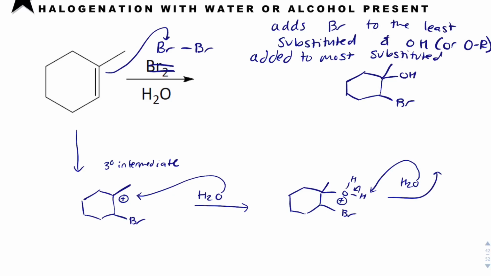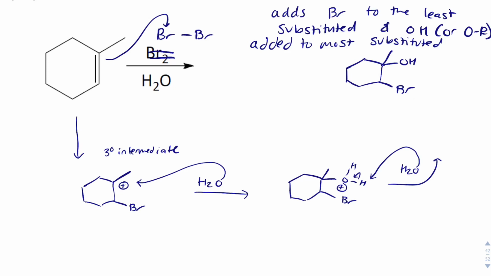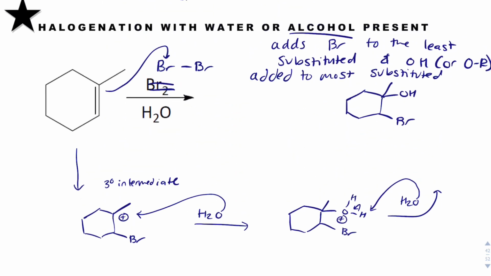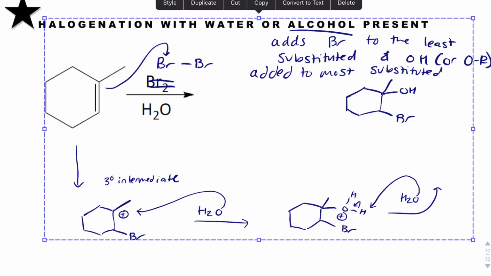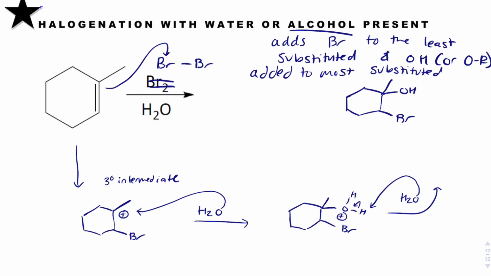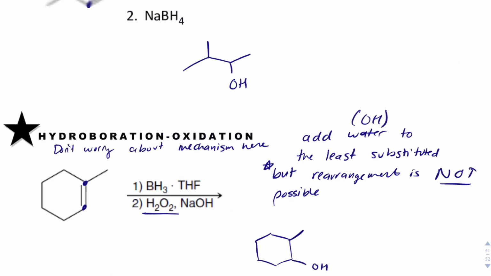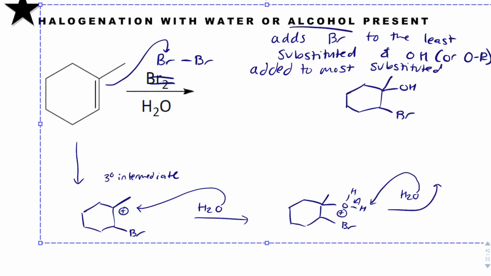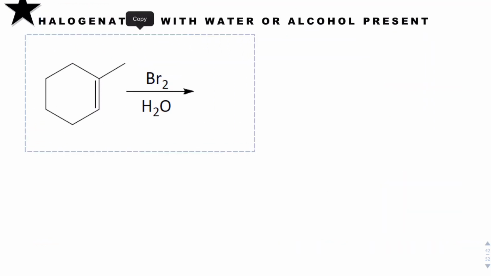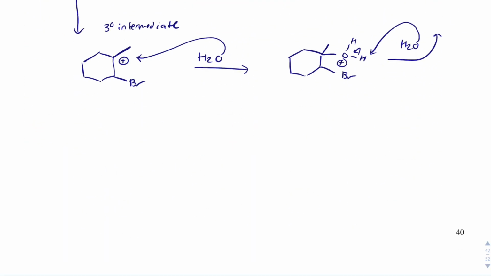Okay, so how could this be different if instead of water it was an alcohol? So what I'm going to do is delete all of this, and we're going to try it down here.